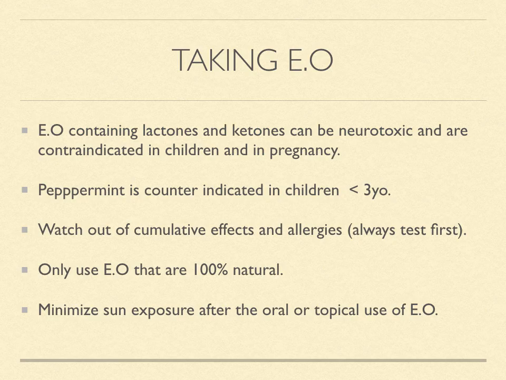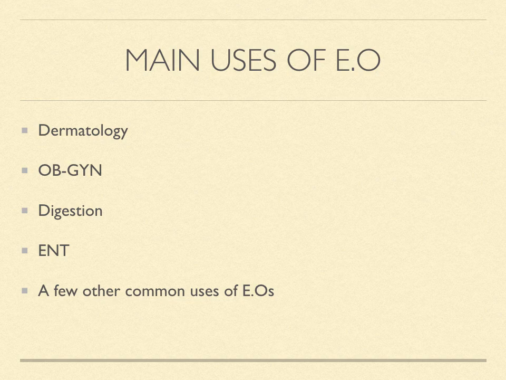So this was in general the theoretical part of our presentation, which overlaps somewhat with your module. And now we will move on to the more practical considerations, which is the main uses of aromatherapy in the naturopathic practice. As you can see from this slide, essential oils can be used to treat just about any body system.